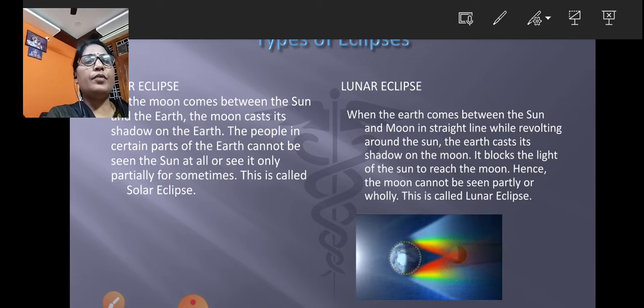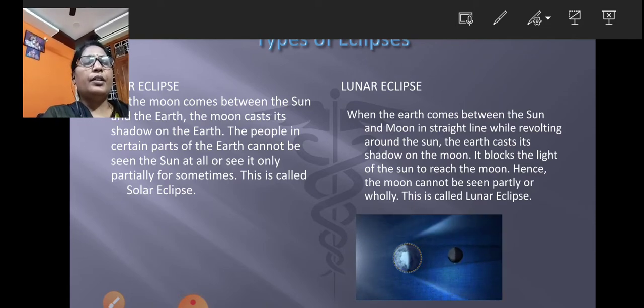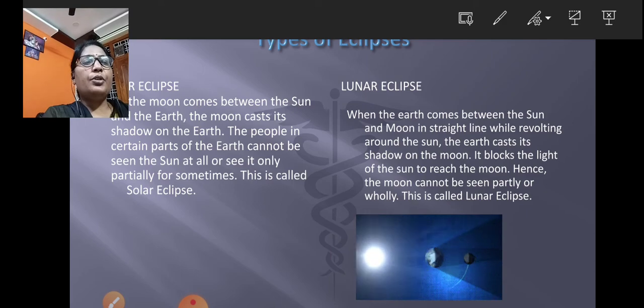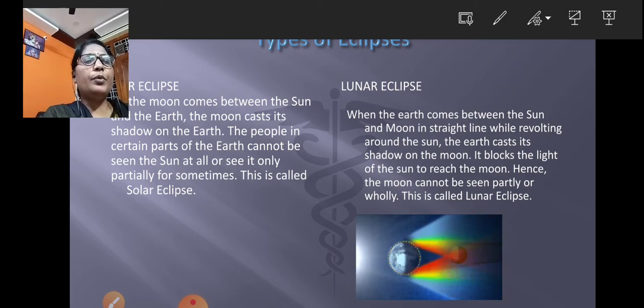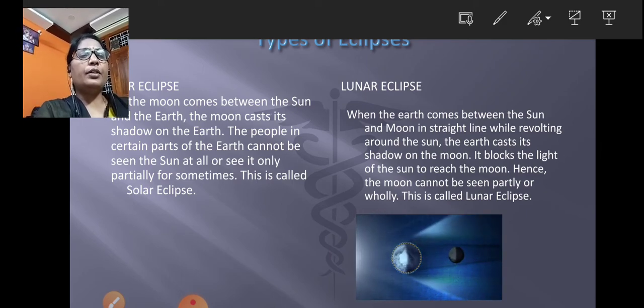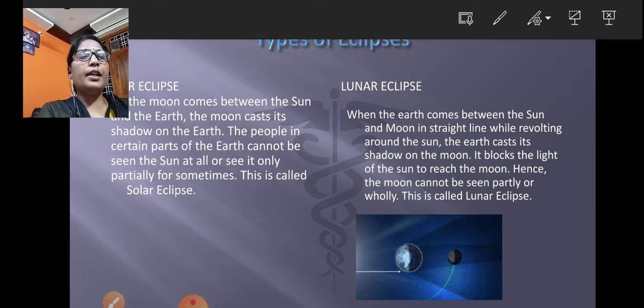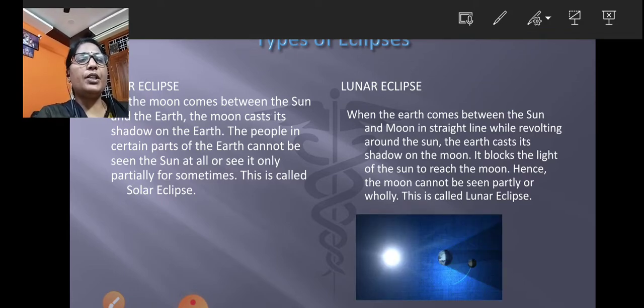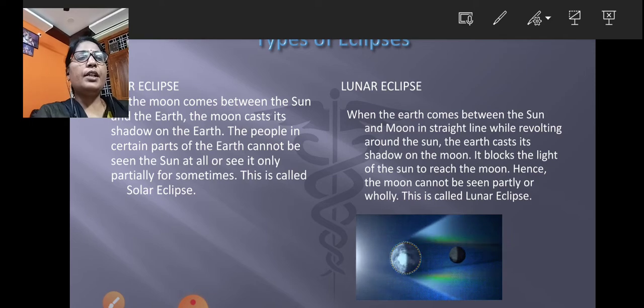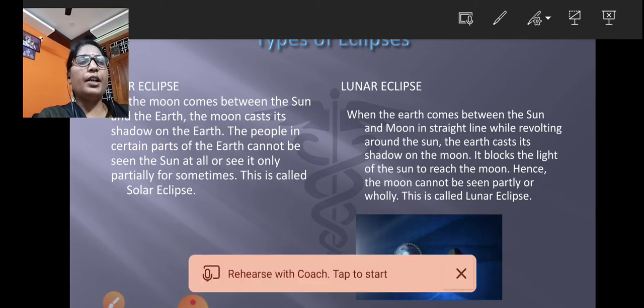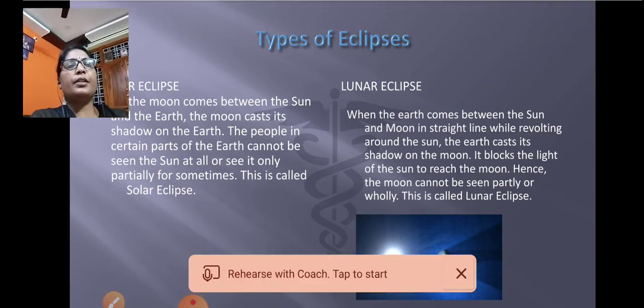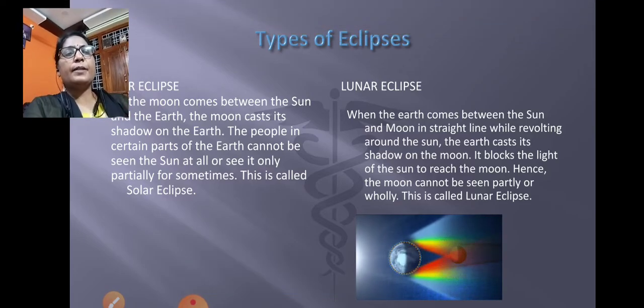You can observe, children, the earth's shadow, how it appears on the moon, and how they are coming in a straight line. With this GIF image, you can understand very clearly how a lunar eclipse is formed.